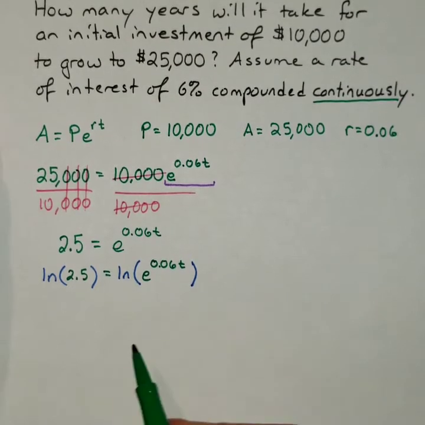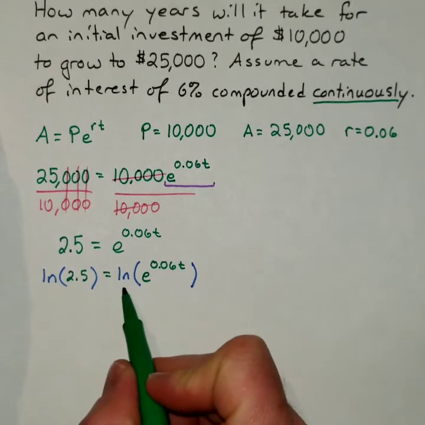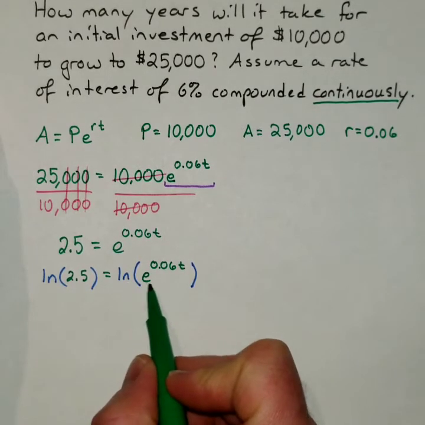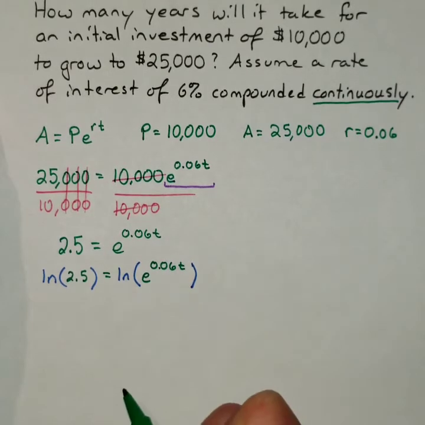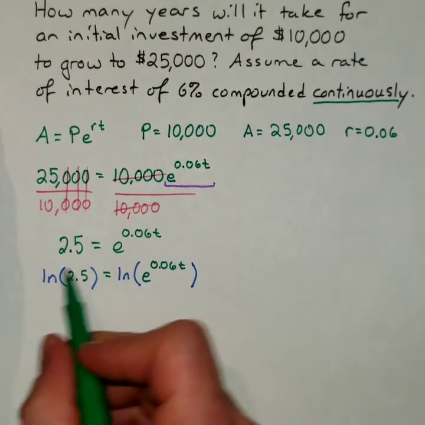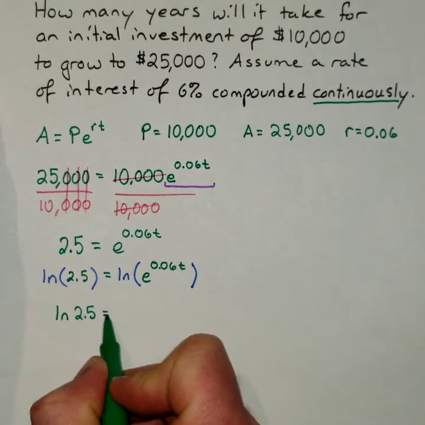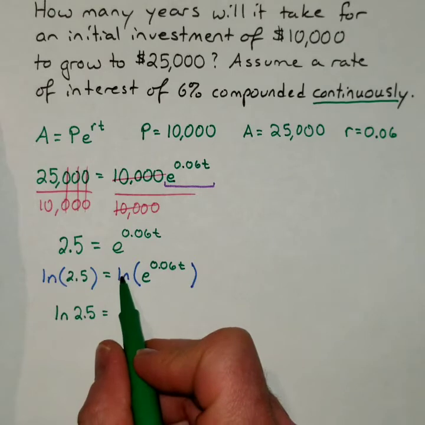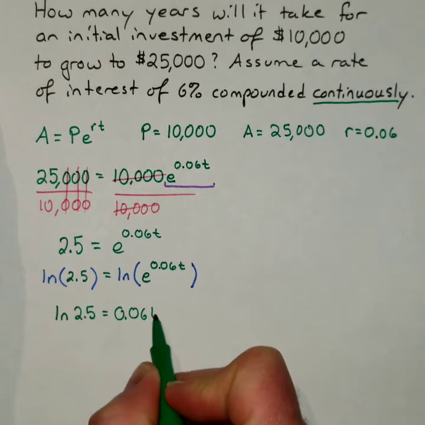Now when I do that, there's a property, one of our 10 commandments of logarithms, that said if your logarithm and your argument have the same base, then the exponent is the simplified form. And so this simplifies down. Natural log of 2.5 is equal to the natural log and the e drop out, and we're left with 0.06t.